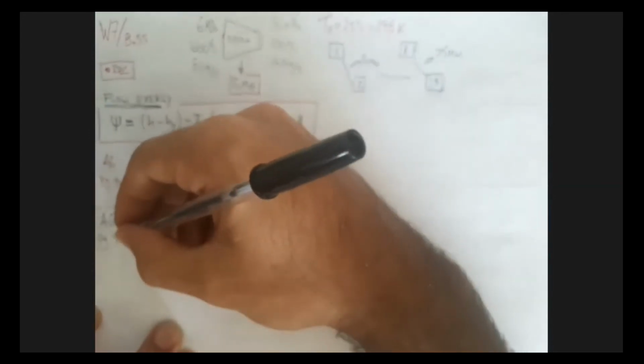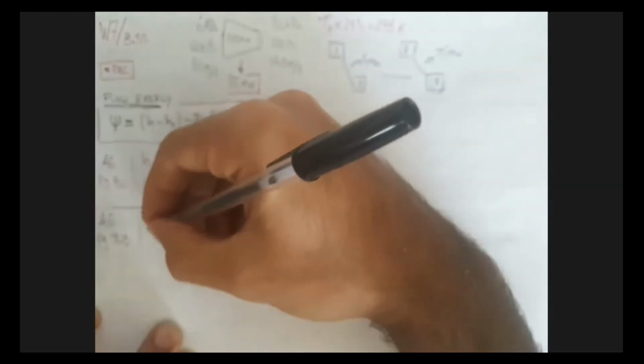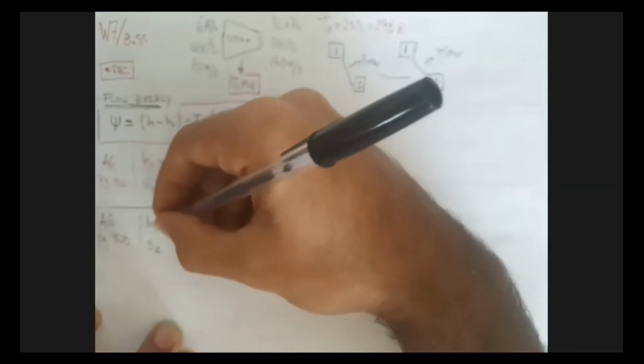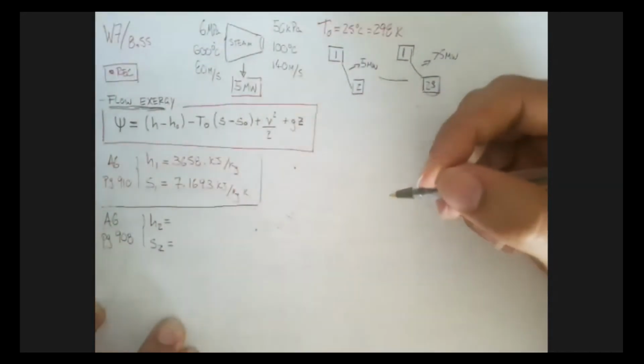Set of properties for the end state. So still on table A6, but this time page 908. I've got the following properties.